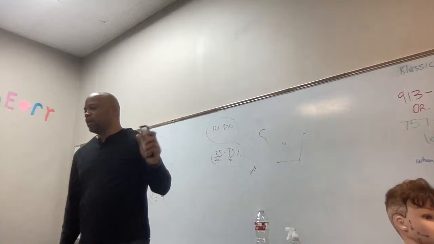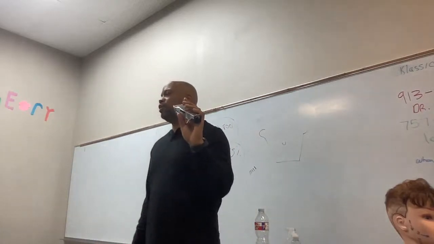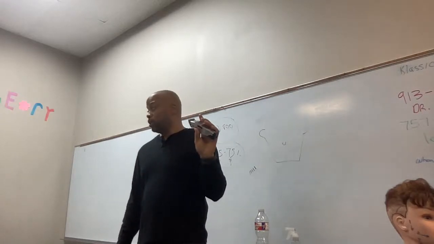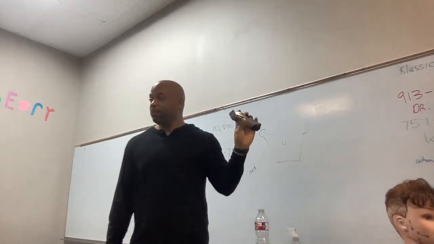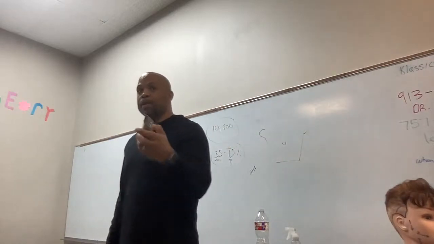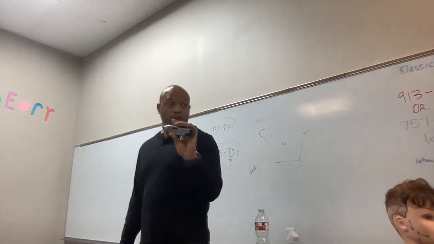So if I'm on the 5th notch, then that is considered to be what? Open. If I'm on the 5th notch, I'm all the way open. If I am on the 1st notch, then I'm closed.